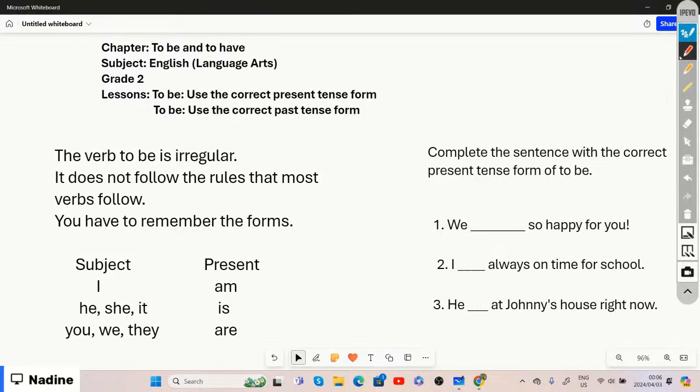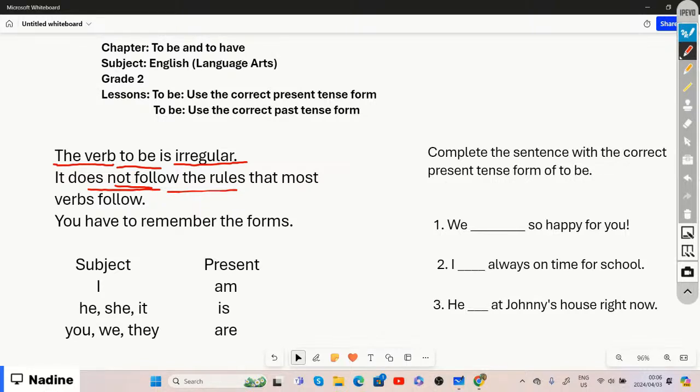And when it comes to be and to have, it means that the verb to be is irregular, right? And when the verb is irregular, it means that it does not follow any rules, so it doesn't follow the rules that most verbs follow.